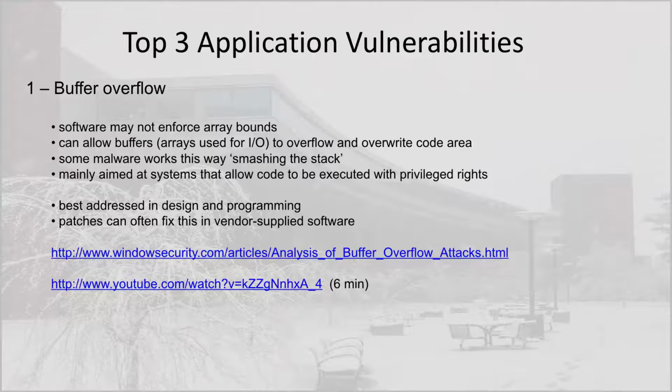Some malware works this way, what we call smashing the stack. It's mainly aimed at systems that allow code to be executed with privileged rights. It's best addressed in design and programming, and patches can often fix this in vendor-supplied software. Check the link at the bottom of this slide for a very simple example of a buffer overflow.